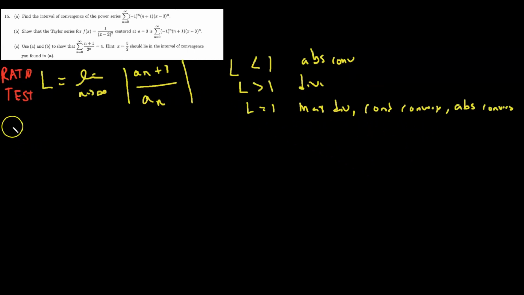So if we set up this test here with our series, A sub n plus 1 will mean that wherever there's an n, we'll just change it to n plus 1. So negative 1 to the n plus 1.